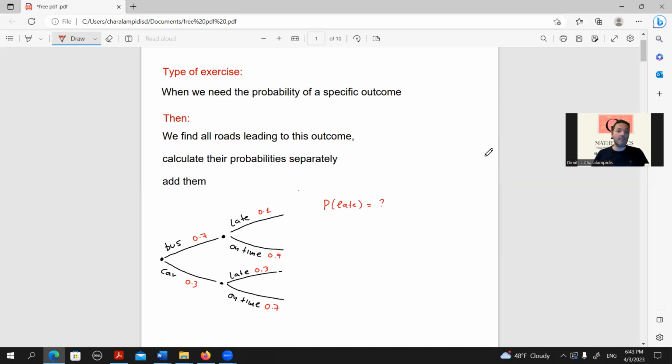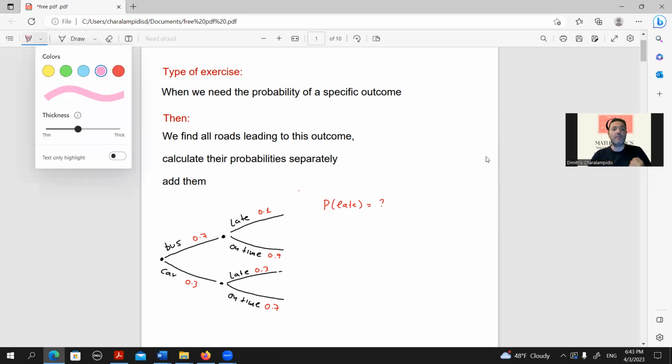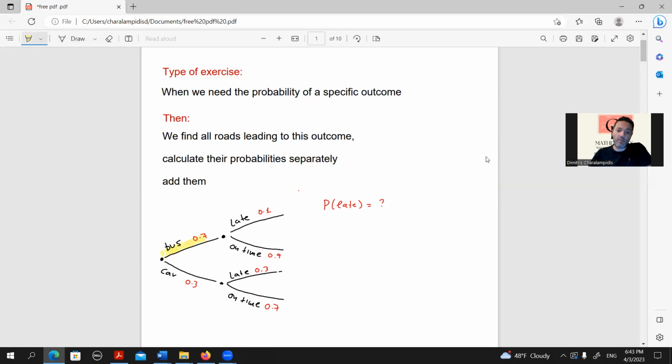That's why I said before that the first thing that you should do is recognize all the roads that can take us to that. One road would be using the bus and being late, or the car and being late. So we did step one: we recognized each road leading to lateness.